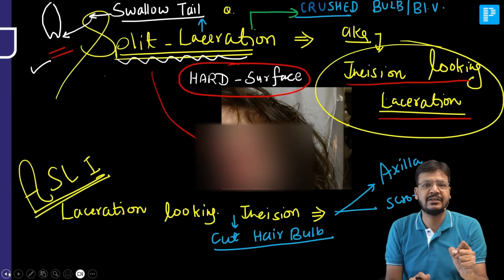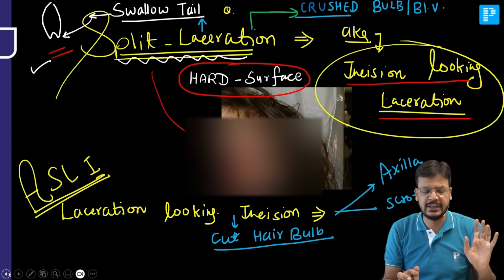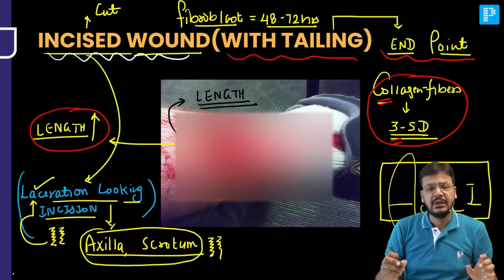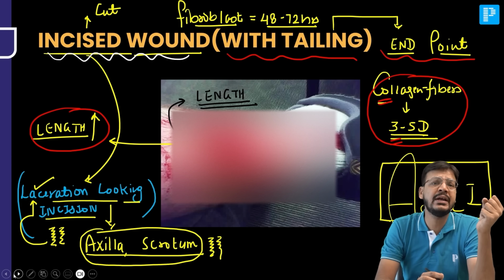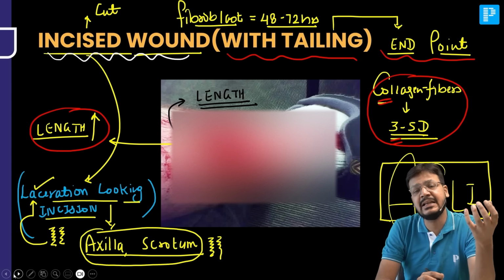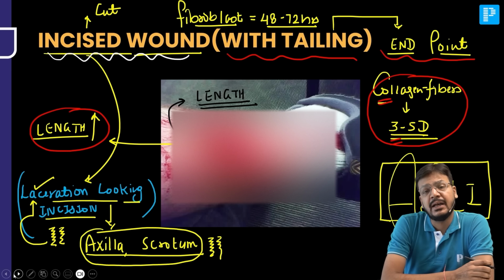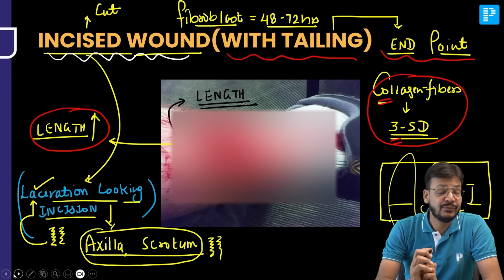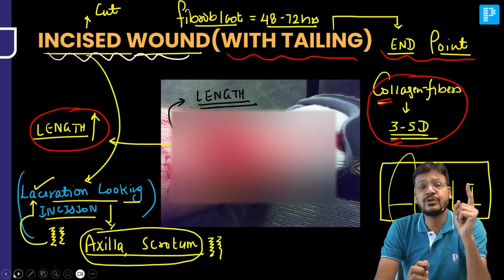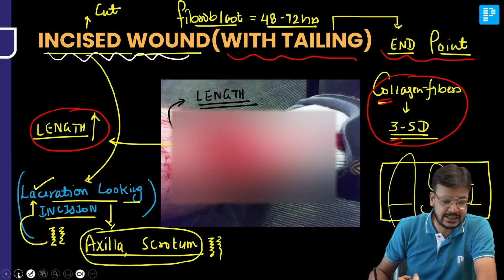That is a hard surface. Incised-looking laceration is known as split laceration. Now, the second concept, what are the areas where you have laceration-looking incised? That is axilla and scrotum. And my dear friend, here length is maximum. So be careful, my dear friend. This is very, very important concept. Axilla and scrotum are two areas where laceration-looking incision is seen.